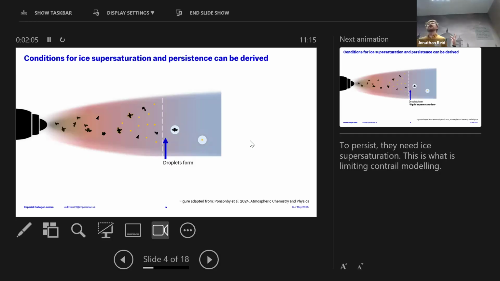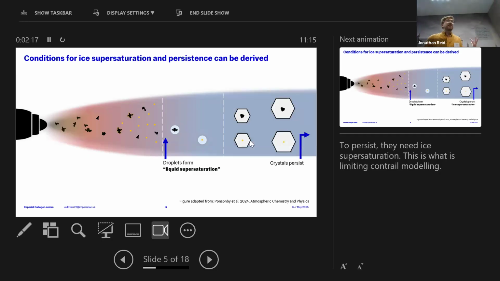And that gives us a first condition for the formation of contrails, which is essentially that we hit liquid water supersaturation during this mixing stage. But then those droplets continue to cool further. They rapidly freeze at the kind of temperatures that planes fly. And then those crystals go on to persist in some cases, like that photo that we saw early on. And that's where they begin to have the real important radiative effect.